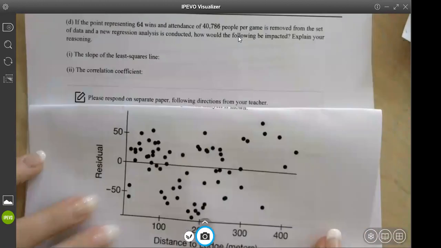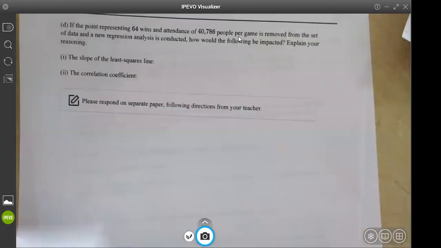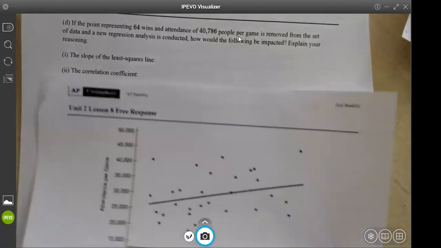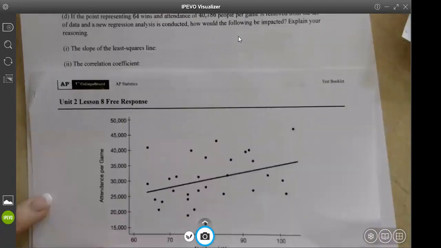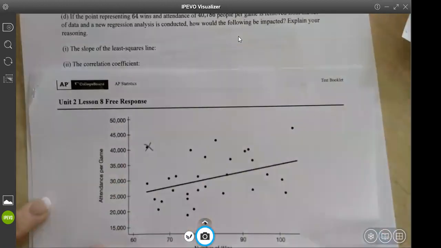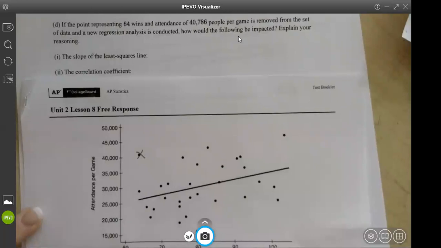So 64 and 40,000, which is this one. We're going to take that one out. How would the following be impacted? Explain your reasoning. The slope of the least squares regression. These are basically the same question as before.